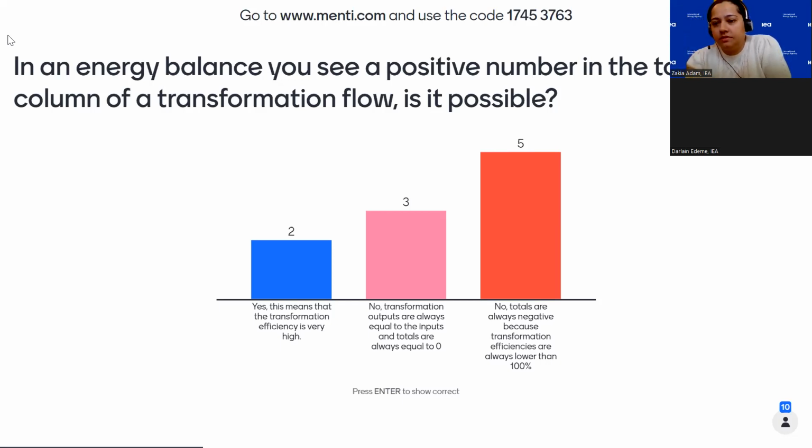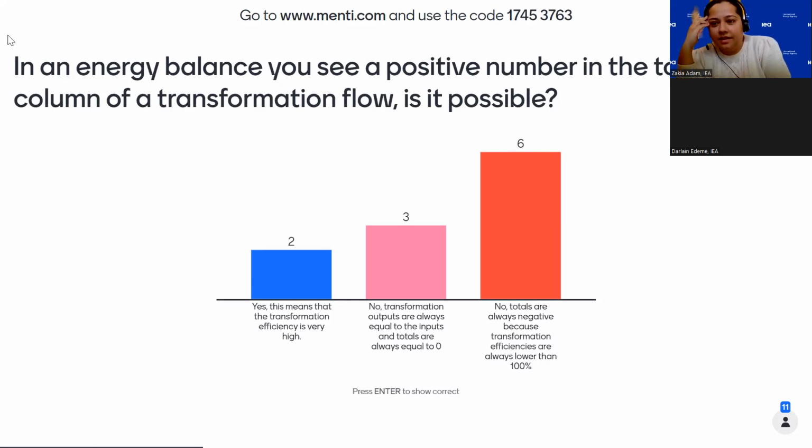Can you have a positive? Is it normal to have a positive number then in the total? Or is it more normal to have 100 of input and 95 of oil products, and then your total will be minus 5?